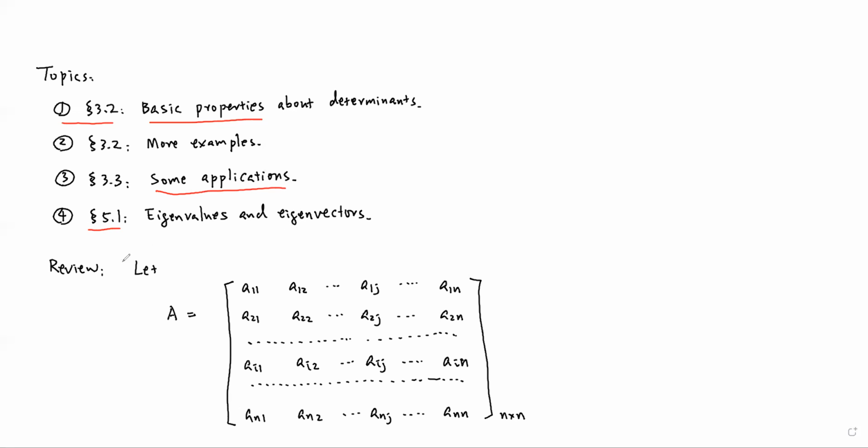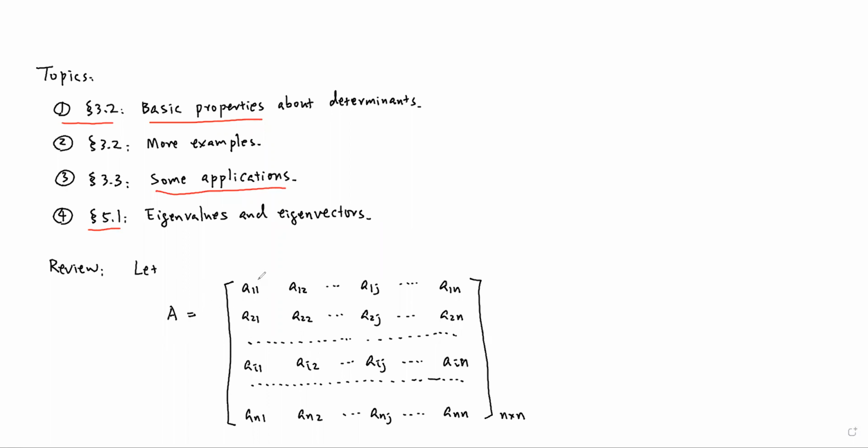Take a review about how to compute a determinant. Let A be a square matrix, n by n. Determinants are for square matrices. For rectangular matrices, we don't have determinants.